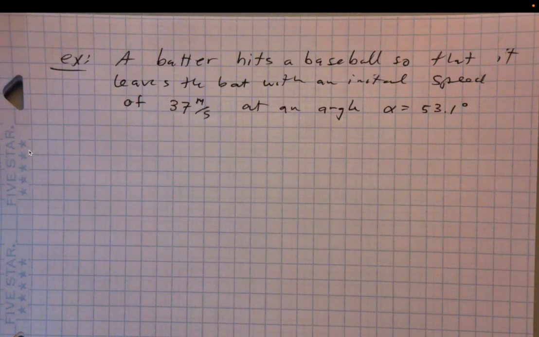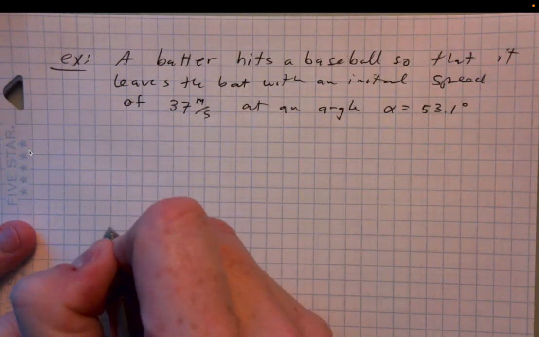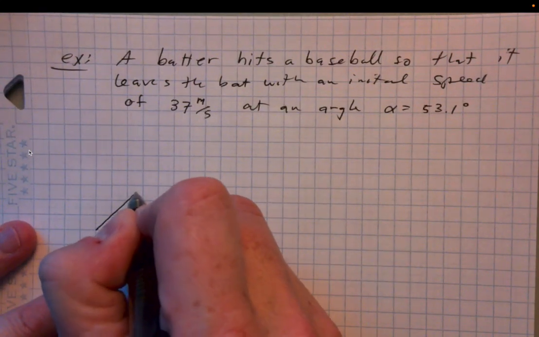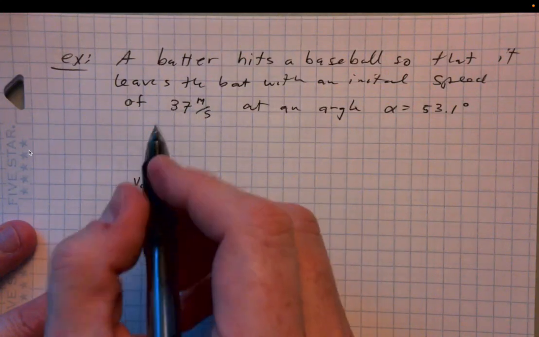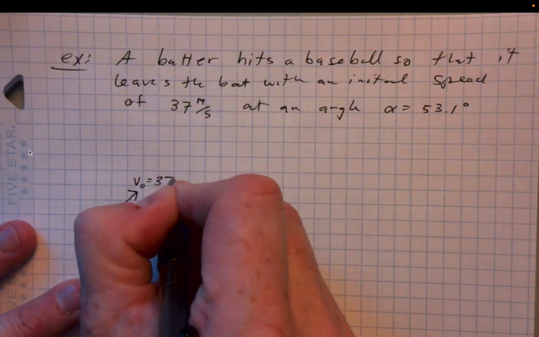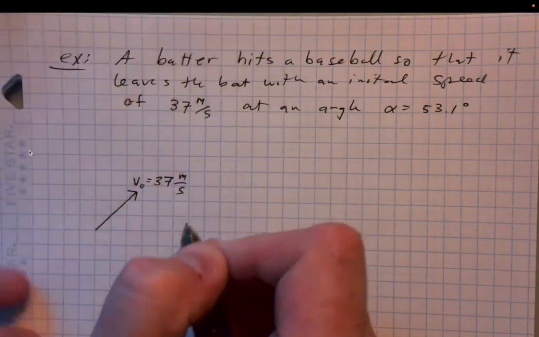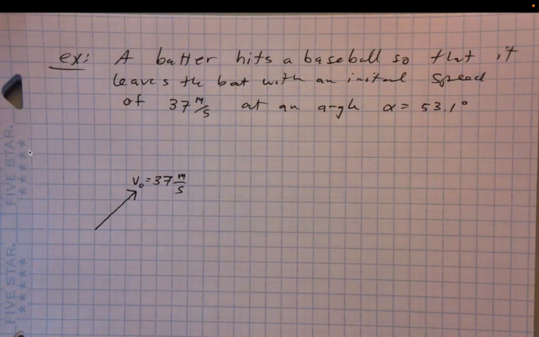All right, so this is the classic baseball question. And so let's just draw a picture here just so we can situate everything. So the initial velocity is given as 37 meters per second. That's the magnitude of the velocity. We're not told what the components are, but that's the magnitude.